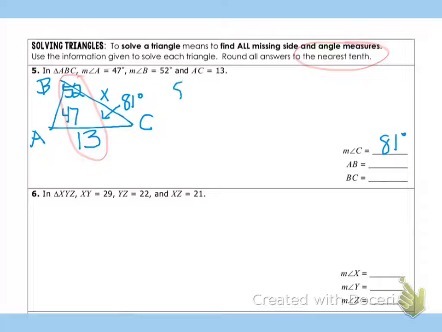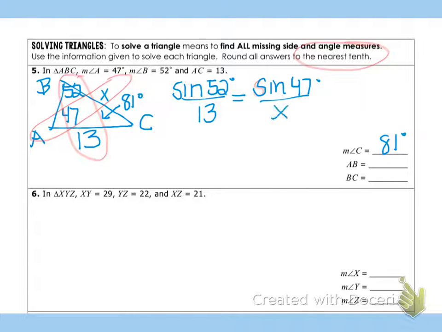Setting up the law of sines, I would say the sine of 52, which is across from the side that's 13, so sine of 52 over 13, is equal to, if I'm trying to find this other side, the sine of 47 degrees over X.